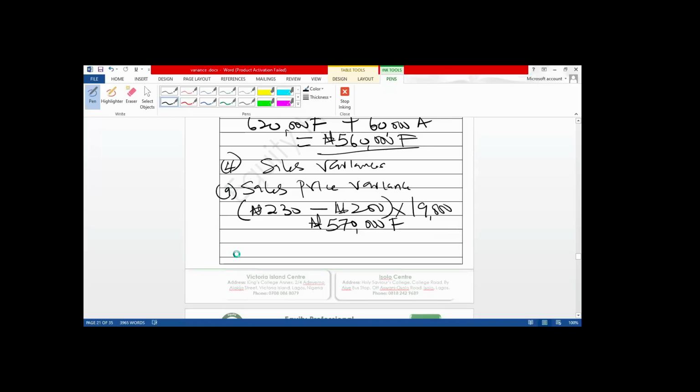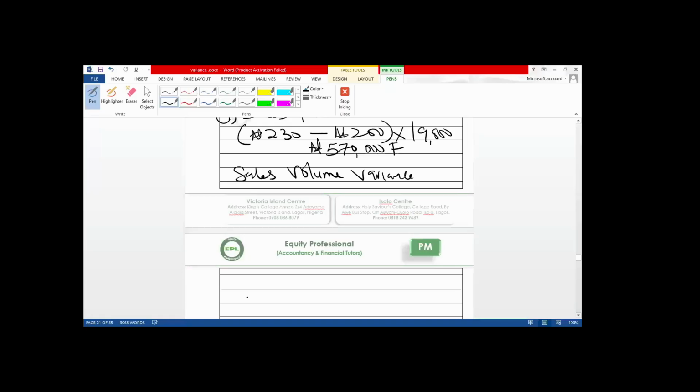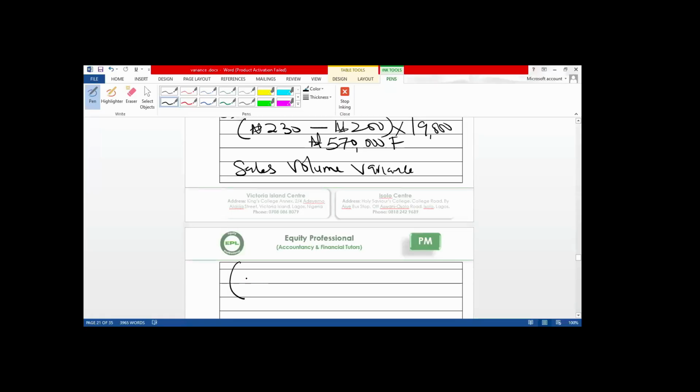Sales volume variance. Actual quantity sold, 19,000 units. Budgeted quantity, 20,000 units. Multiplied by the standard profit per unit. Your standard profit is 40 naira.